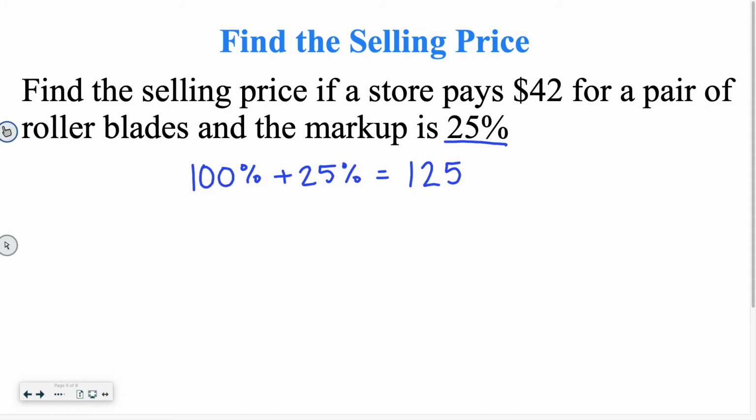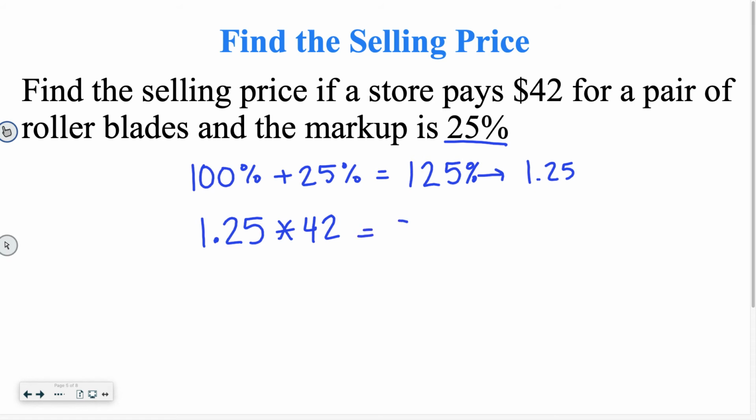In this case, the rollerblades. So 125% as a decimal is 1.25. That's something we practiced in the first half of Chapter 7 already. So then what I'm going to do is, again, take that percent that I'm going to pay as the buyer and multiply it by the original price of $42.